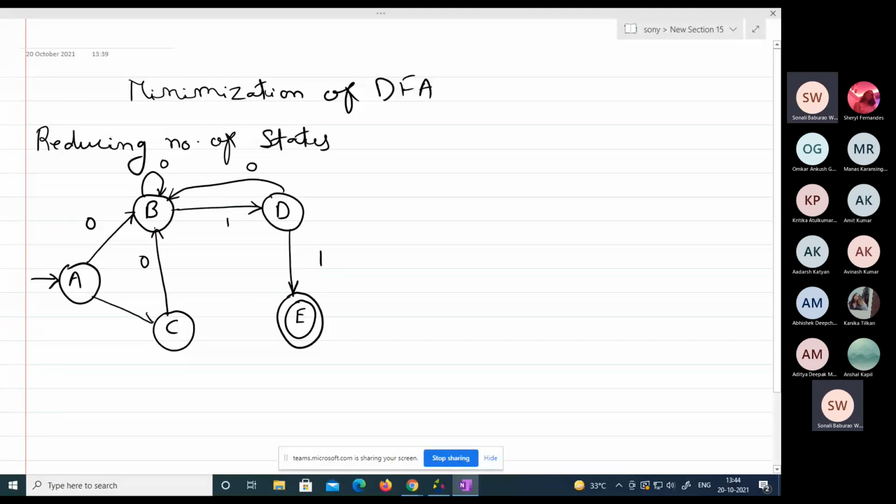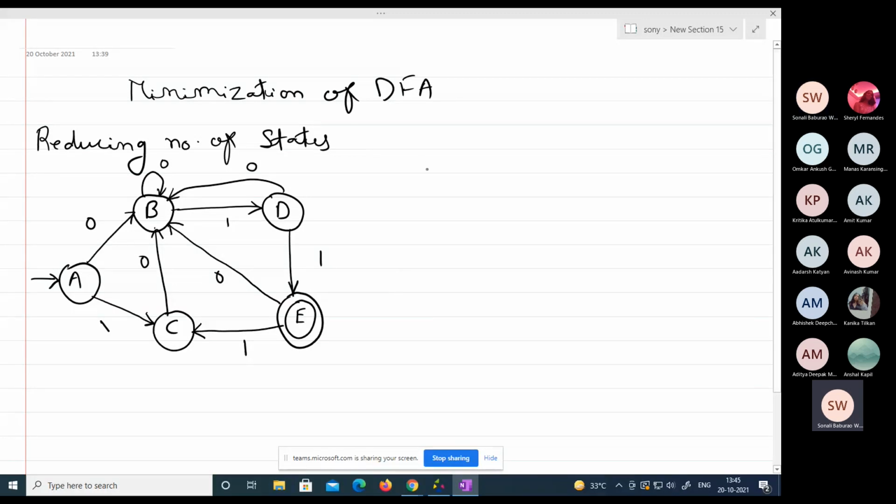So you can draw this DFA along with me. So this is a given DFA.